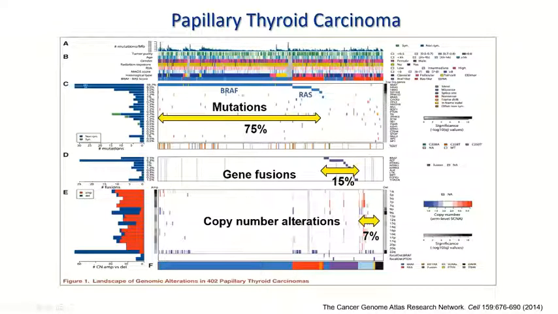All of these events, BRAF, RAS, gene fusions, and likely copy number alterations in a certain proportion of tumors, are early drivers. This is the first genetic hit that leads to tumor development. And some of them are late drivers, and one of the late drivers is TERT, which, as we are going to talk about a little bit later, can develop in tumors that started as BRAF or RAS-driven papillary thyroid carcinomas.